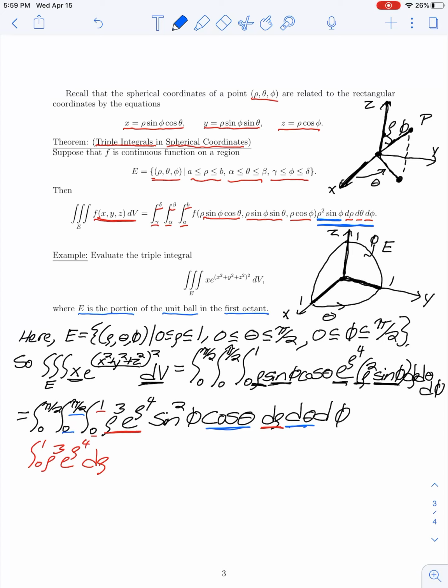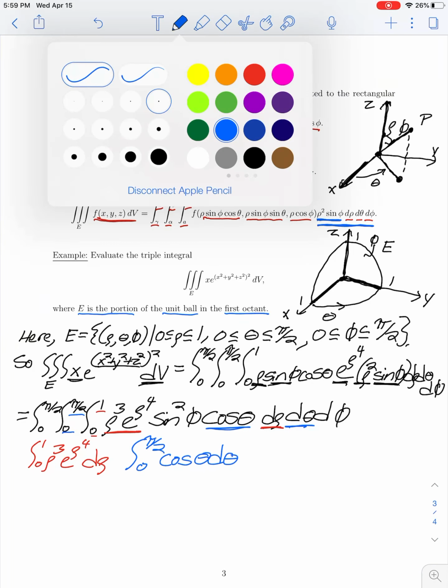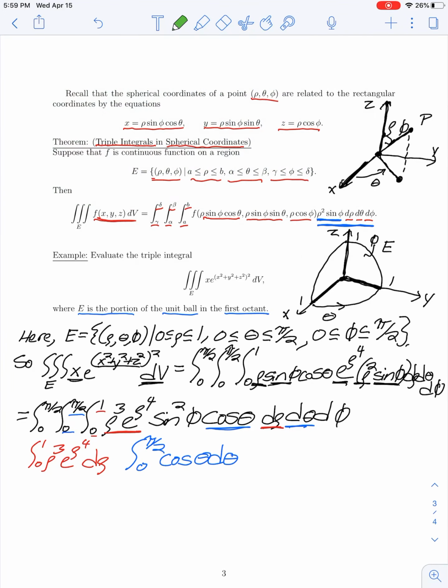So if I pull that term out in front of the phi integral, I would have the integral from 0 to pi over 2 of cosine theta d theta. And then the integral which I'm left with, since I pulled everything else out in front of this one, is the integral from 0 to pi over 2 of my sine squared of phi d phi.